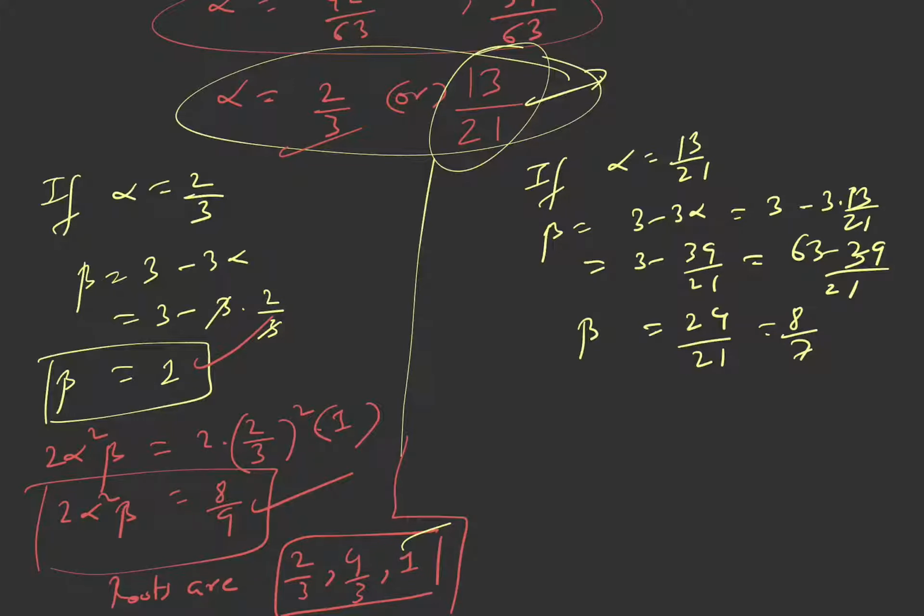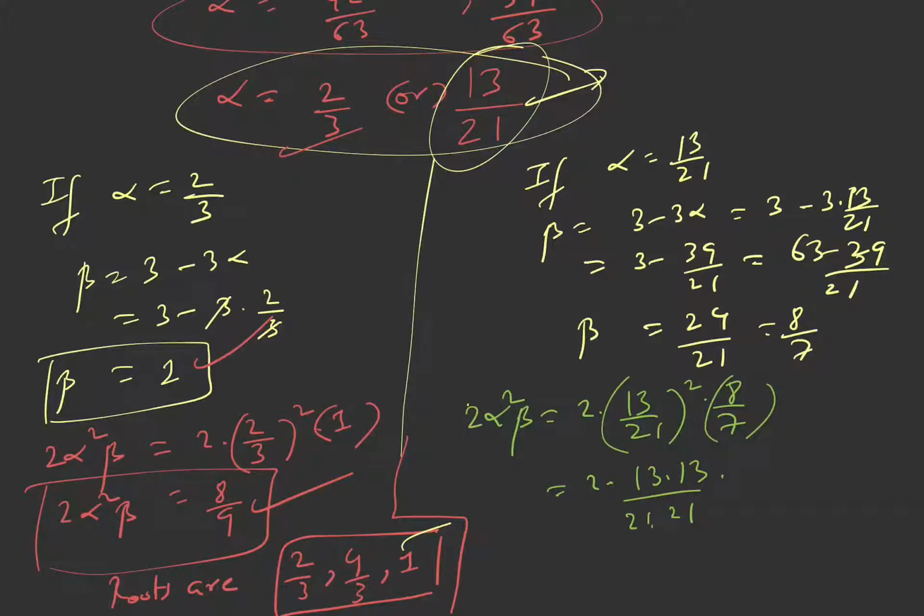Now let us check whether this third equation is true or not. What is the third equation? 2 alpha square beta, right? 2 alpha square beta is 2 into 13 by 21 whole square into 8 by 7. This is 2 into 13 into 13, 21 into 21, 8 by 7. So nothing is getting cancelled, right?